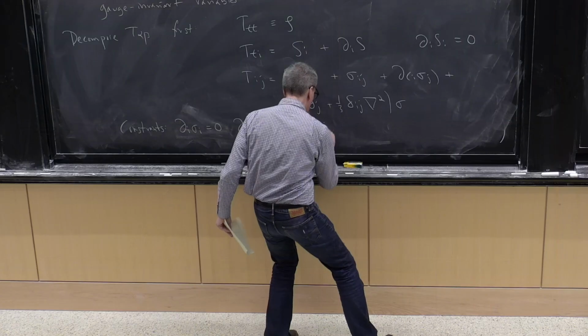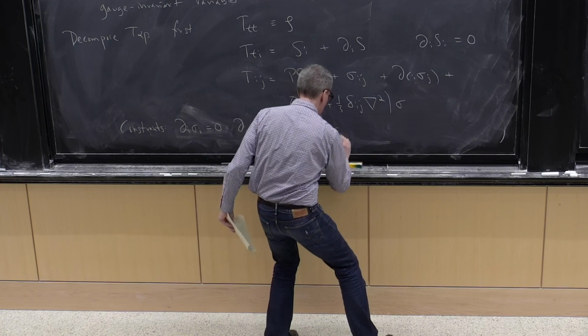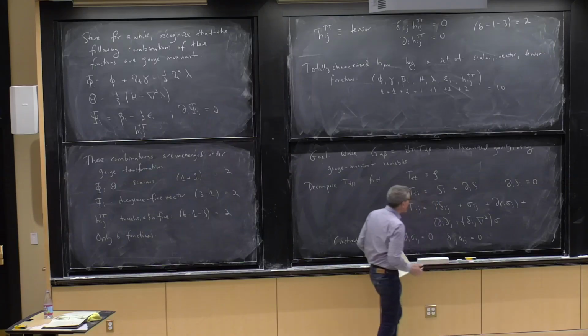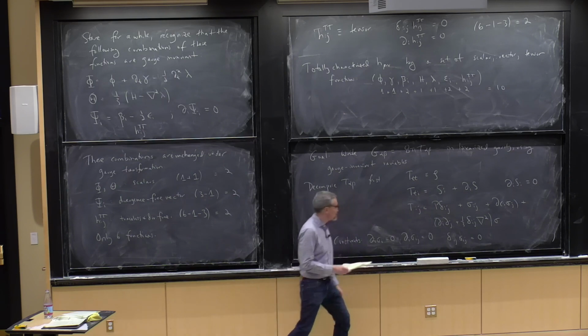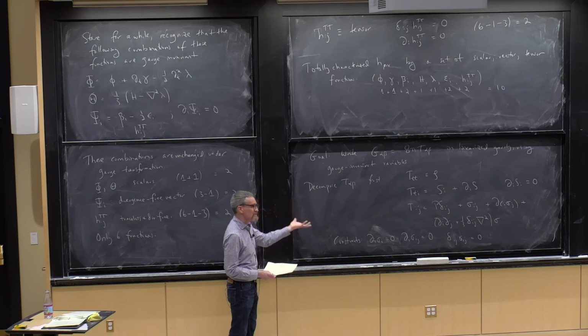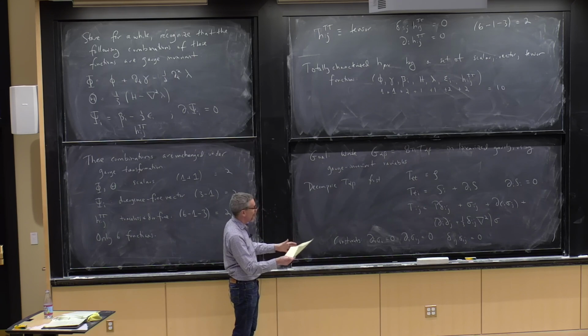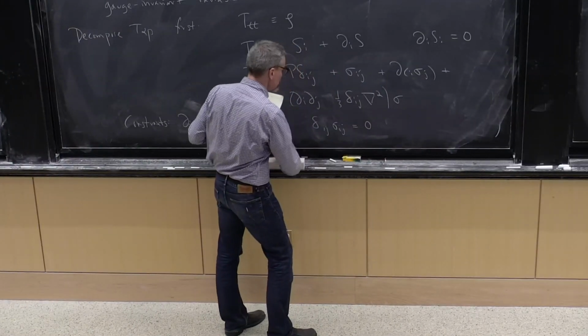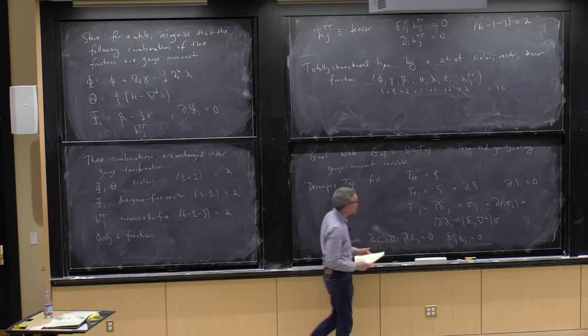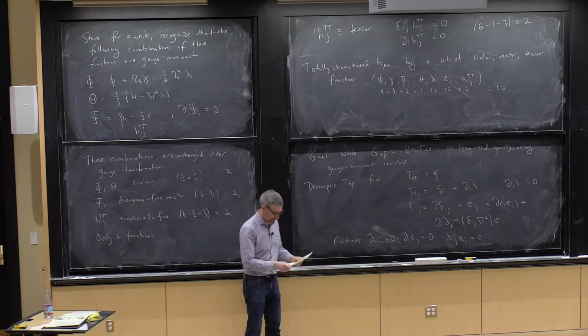And I'm going to require that the trace of this guy be equal to 0. Let me strongly emphasize that really all I'm doing is rearranging terms. I'm just trying to rewrite the components of my stress-energy tensor using this decomposition under rotations and then looking at fields that can be written as divergence-free vectors plus gradients of scalars. I'm just trying to do this in a way that parallels what I did for the metric. Okay?